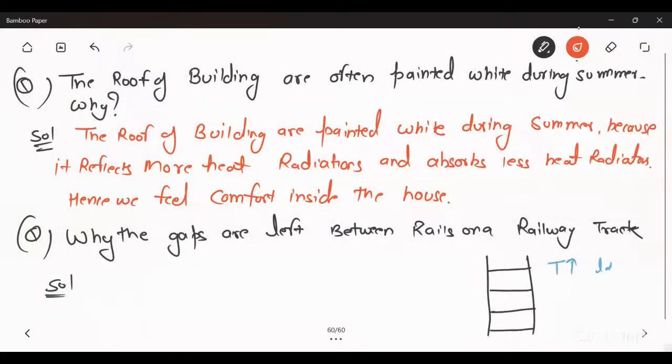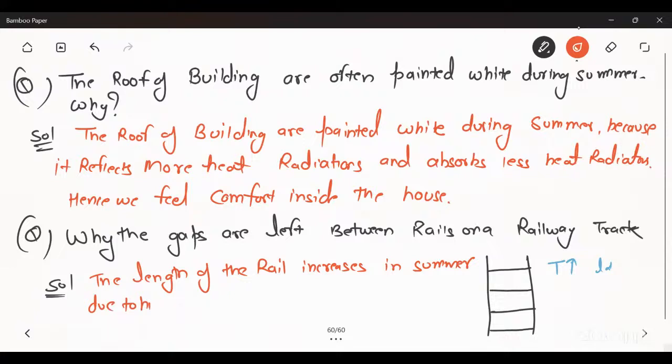So the reason is that the length of the rail increases in summer due to high temperature.